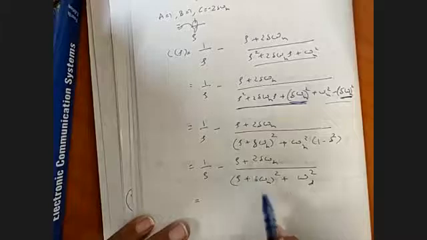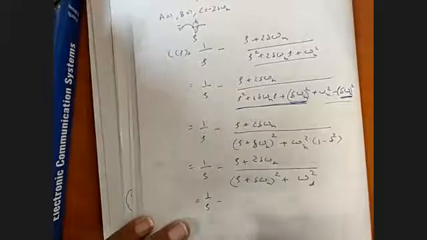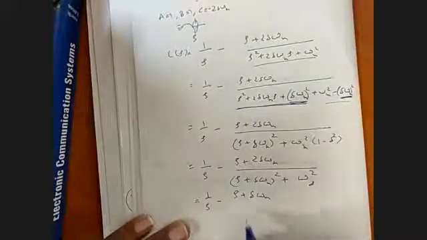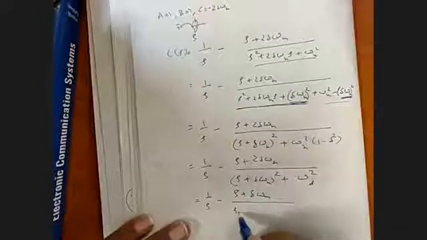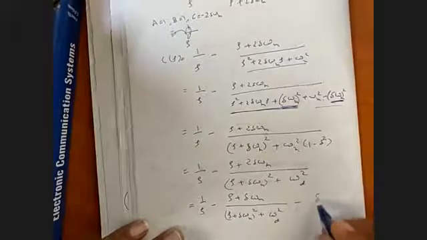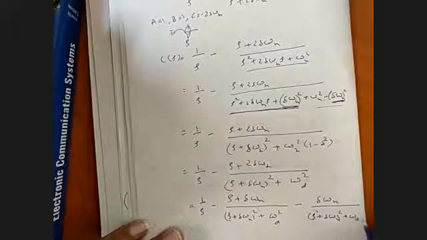So now I will divide it again in two parts: 1 upon s minus (s plus delta omega n) divided by (s plus delta omega n) whole square plus omega d square, minus delta omega n upon (s plus delta omega n) whole square plus omega d square.